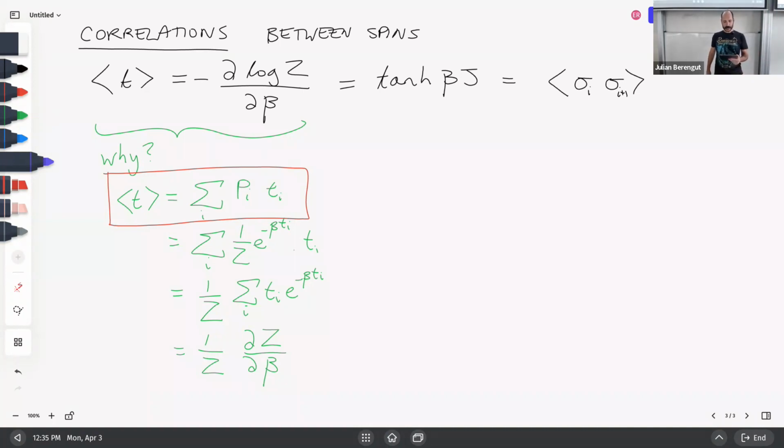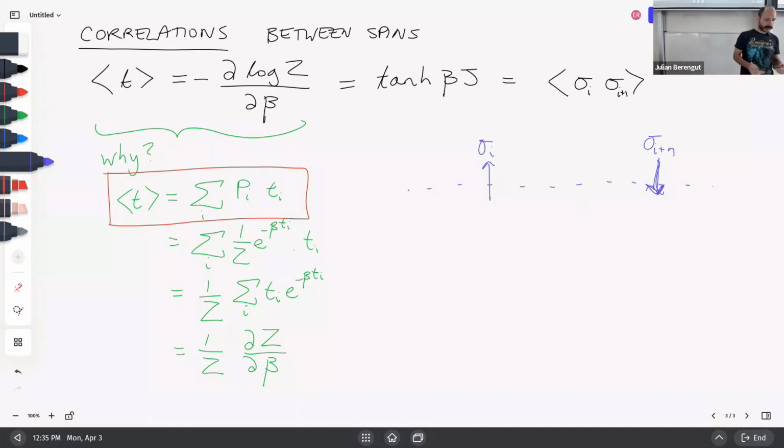So the next thing we want to know is what about correlations between spins at different distances from each other? Let's say I've got a list like this. I've got a spin here, sigma I, and some other spin here, sigma I plus n. So these are not nearest neighbors now, but they're separated by a whole bunch of spins.